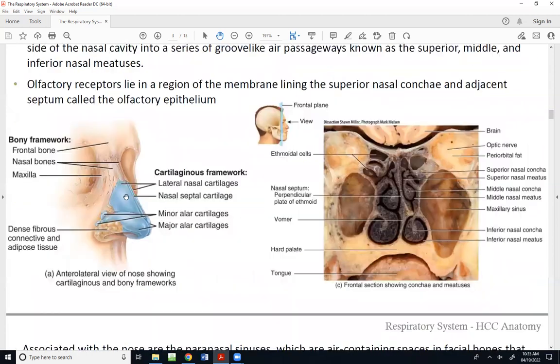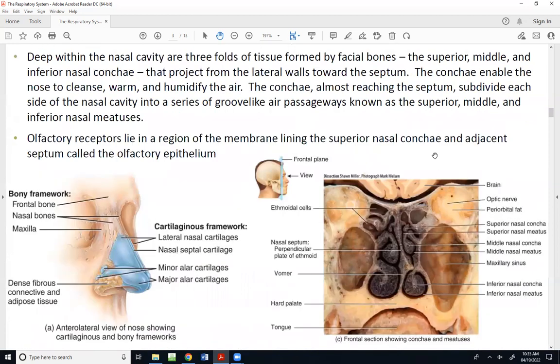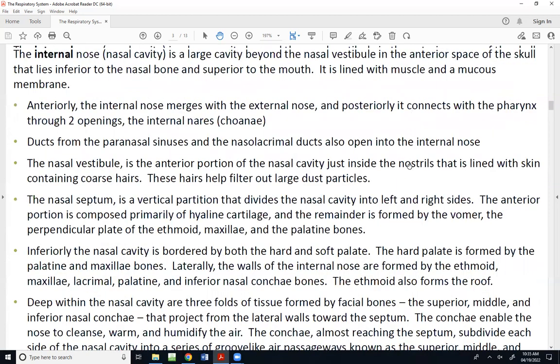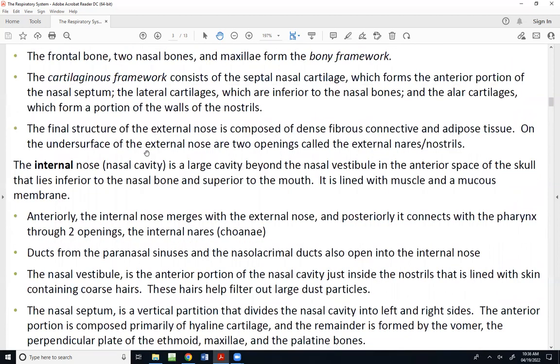Those are all shaded blue in our picture. There's one final segment to the nose that doesn't get a special name like the cartilaginous or bony framework. It forms the rest of the nostril. What we can see here is it's made up of dense fibrous connective and adipose tissues. And so that's the final structure.